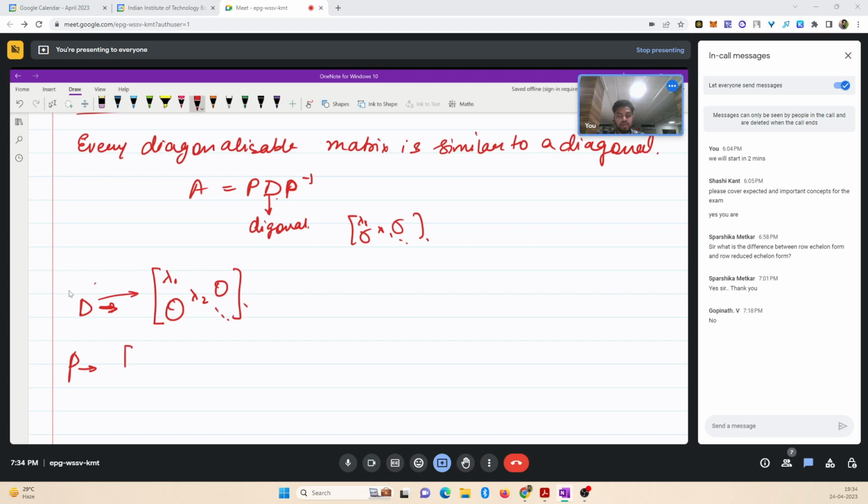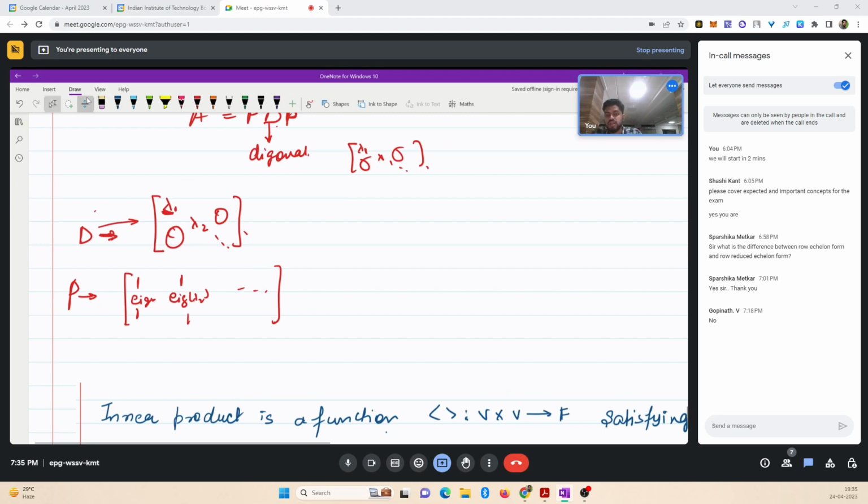What is P? The first column of P is the eigenvector corresponding to the first eigenvalue that you have placed. You will write it in column form. Again, the second is the eigenvector corresponding to lambda 2, and so on. If you write it in this form, you will obtain your matrix P.